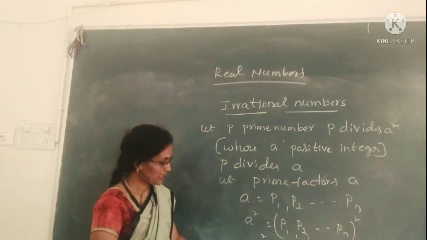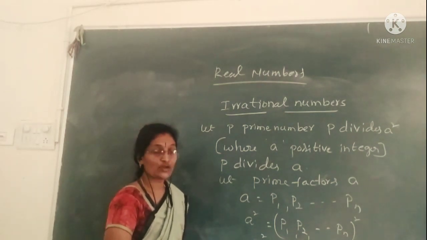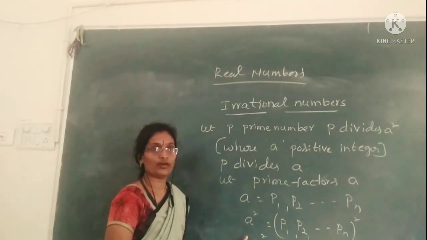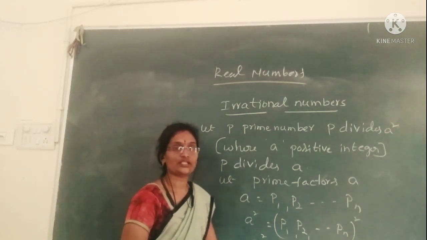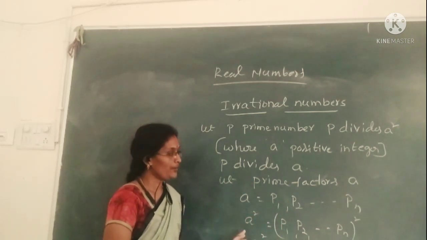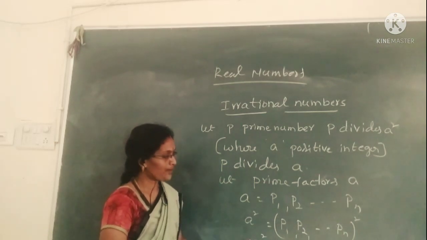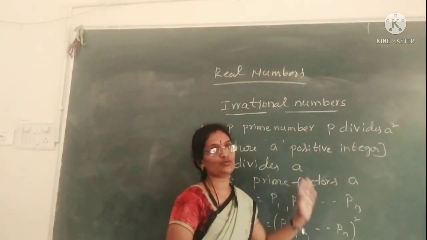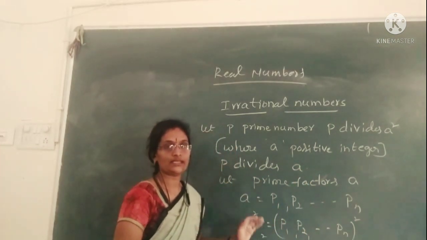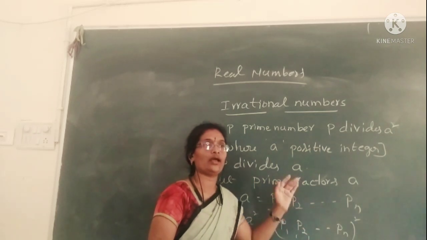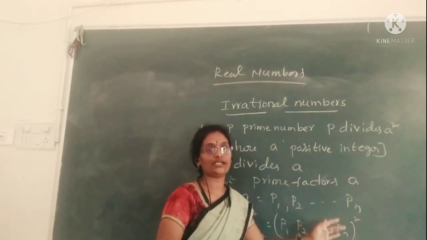We can observe that P is one of the prime factors of A squared. P is the only prime factor among P1, P2, P3 and so on up to Pn. That means P is one of P1, P2, and so on.